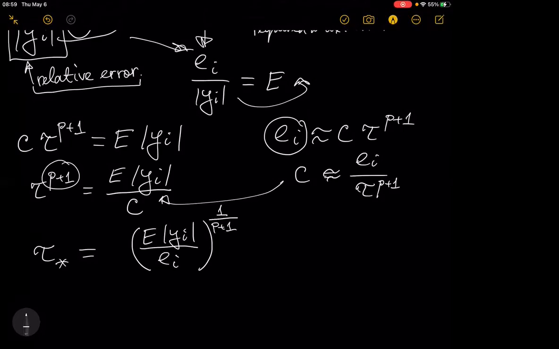And here is my tau on the I step, just this. So the optimal step can be evaluated using this formula.